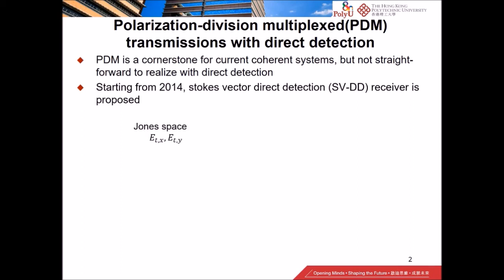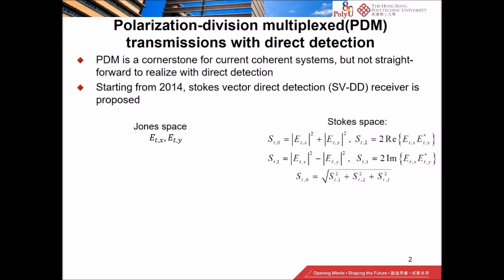Typically, in Jones space, we represent signals in two polarizations with two signals, EX and EY. And the Stokes space representation is given by these four expressions here. So essentially it captures the signal power in both polarizations, as well as the phase difference between the signals in the two polarizations.